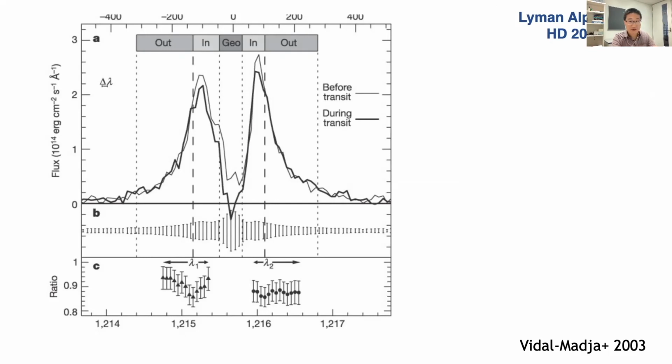The interstellar absorption line comes from the material between us and the star itself, and is itself invariant. But the depth of the line coming from the star, the difference in depth between in transit and out of transit, tells you what the size of the planet is in Lyman alpha.